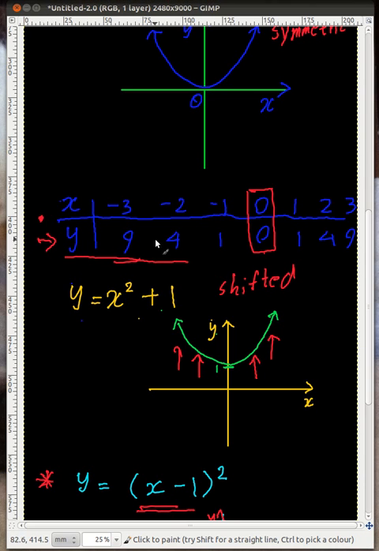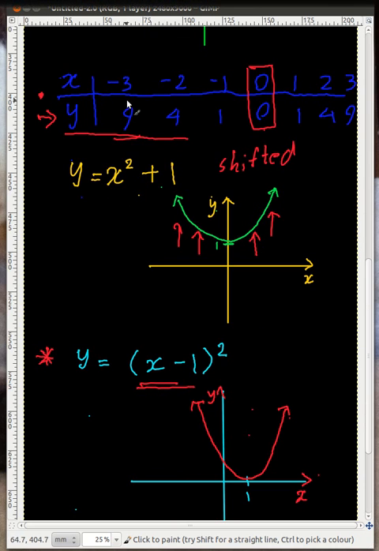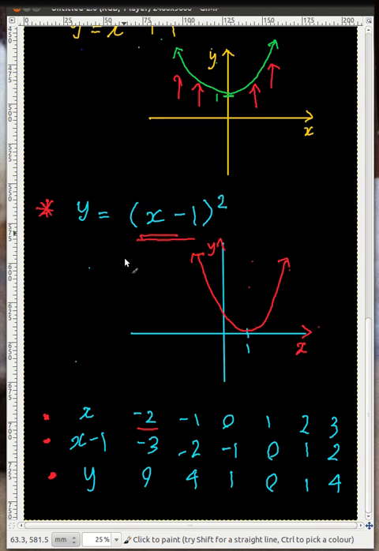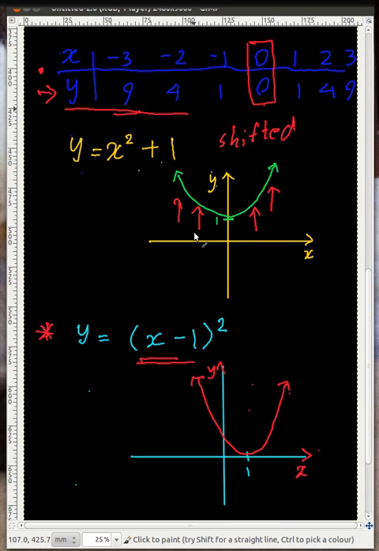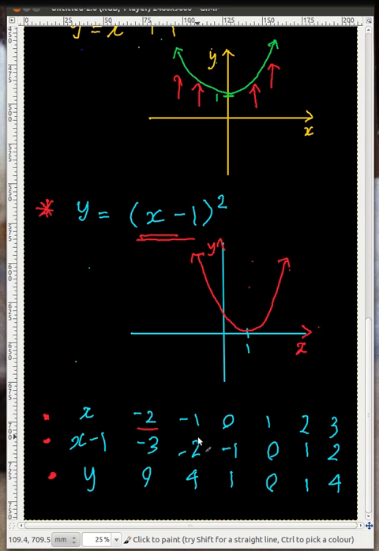The thing is, when x is -3, it was 9. Over here, when x is -2, it's 9. So if you look at it, all the values are shifted 1 to the right. When it's -2, it's 4 up here. When it's -1, it's 4 down here. So everything has shifted to the right.